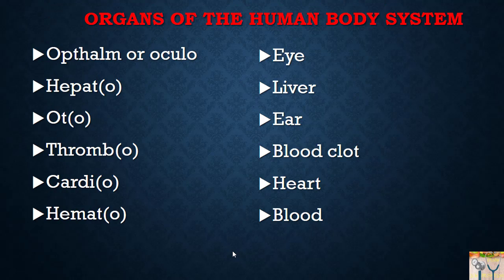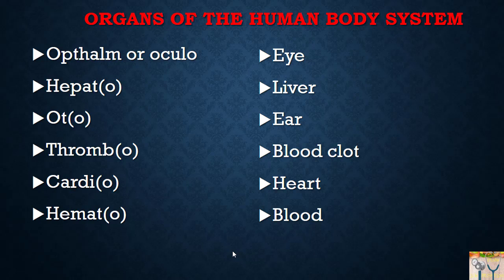Ophthalm or ocular means the eye. Example, we have ophthalmologist, that is a person who studies the eye, or ophthalmology, that is the study of the eye. Hepat, meaning the liver. We have hepatitis, that is inflammation of the liver. Ot means the ear.